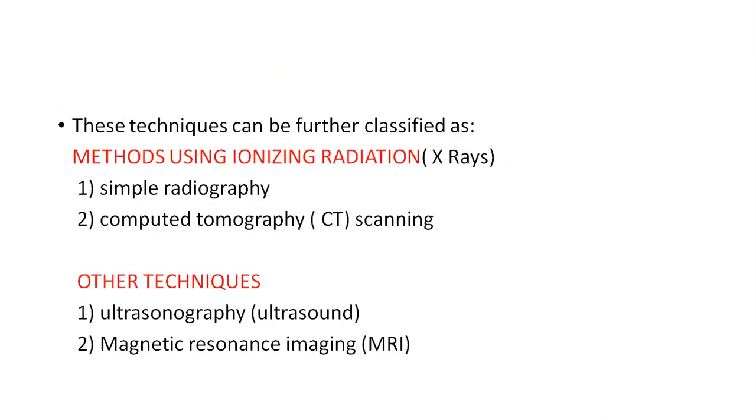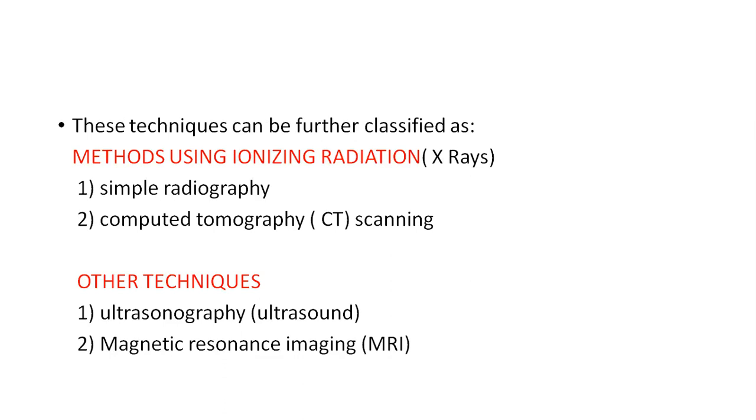The techniques can further be classified into two major parts. One part of the imaging technique is the images in which ionizing radiations or X-rays are used. So it consists of simple radiography, and second, we have computerized tomography scanning, that is the CT scanning.